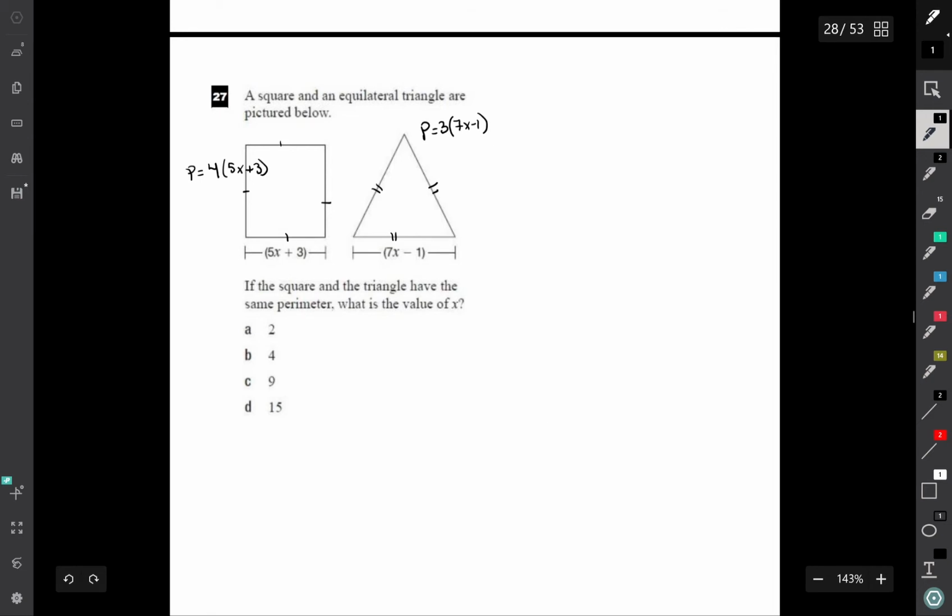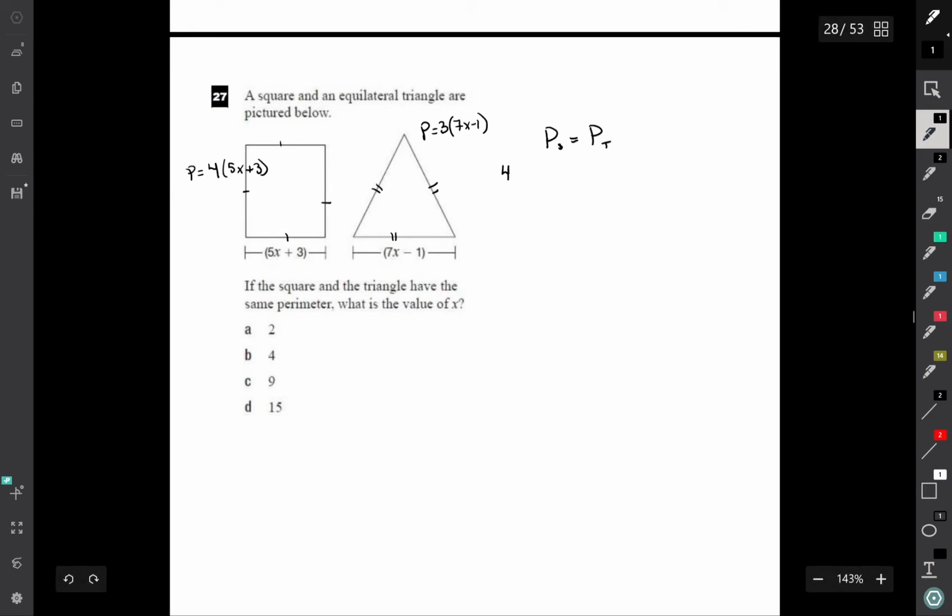And then we're told that the square and the triangle have the same perimeter. So what we can do is set those two perimeters equal to each other, right? The perimeter of the square is going to be equal to the perimeter of the triangle.